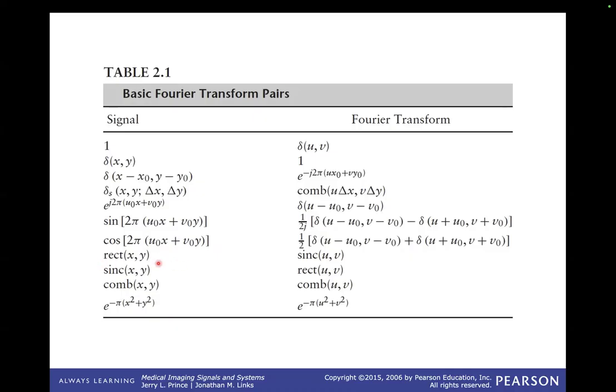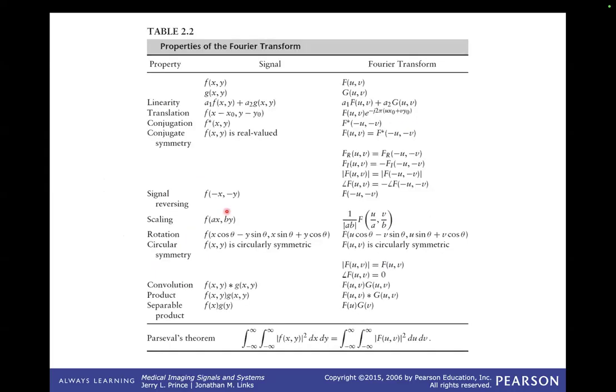The Fourier transform of the rect function is sinc. The Fourier transform of sinc is rect. Comb goes to comb, and Gaussian goes to Gaussian. So it's like a dictionary of pairs. You can draw little diagrams of what those things look like as an exercise so that you can remember them, and just keep that with you.